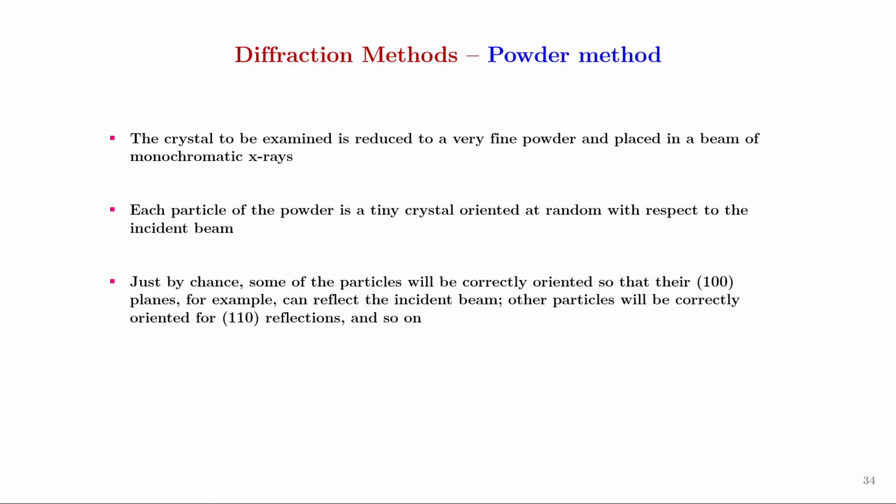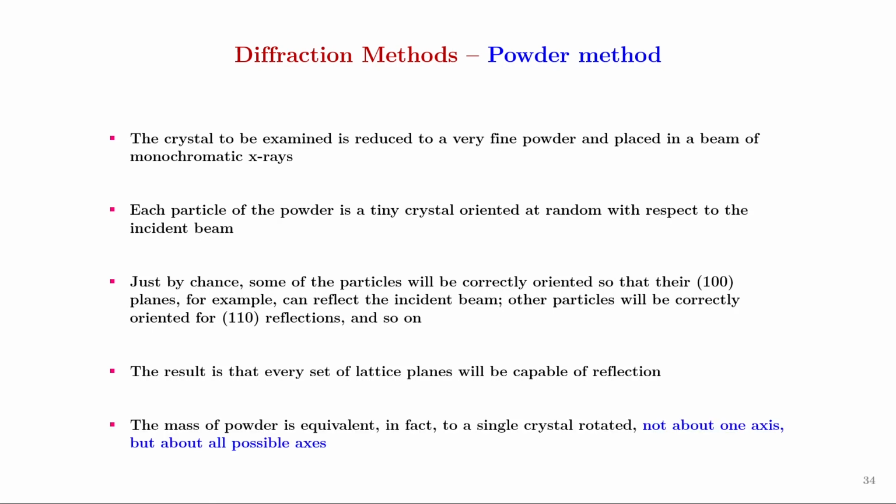Other particles will be correctly oriented for 110 reflections, and so on. The result is that every set of lattice planes will be capable of reflection. The mass of powder is equivalent, in fact, to a single crystal rotated, not about one axis, but about all possible axes.